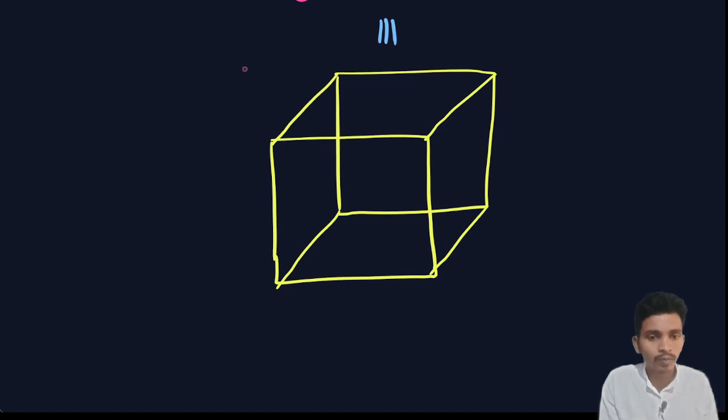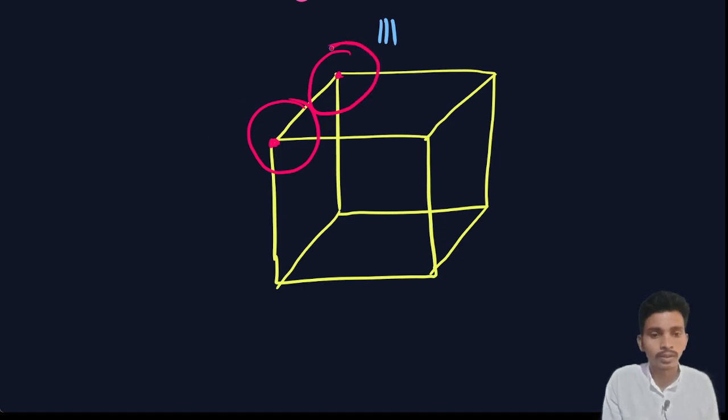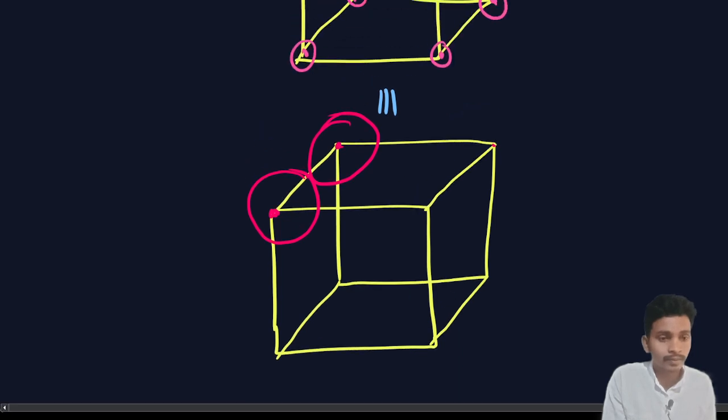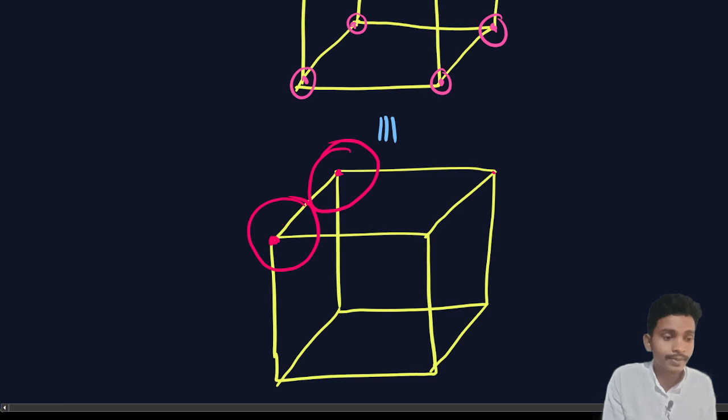If you draw one lattice point here, then this lattice point is like this, and they are in contact, touching each other. Whenever you see the exact picture, these lattice points are all touching each other. That is how lattice points are present in a unit cell.